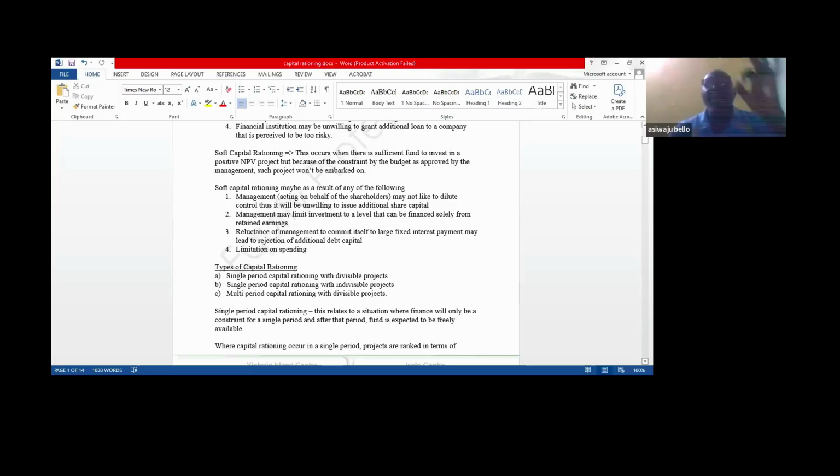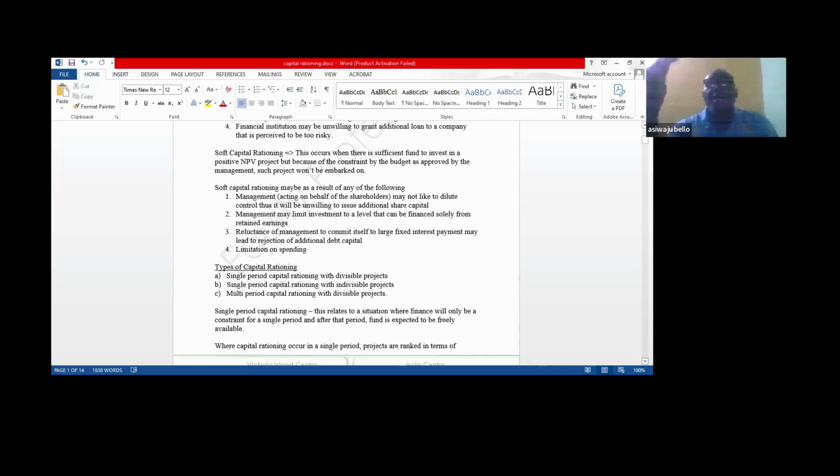Number last, limitation on spending based on budget approval. Most companies set limit on spending. Most companies manage budgets.